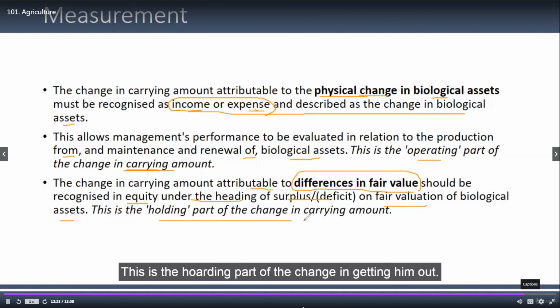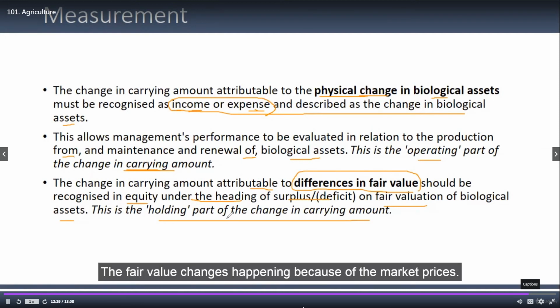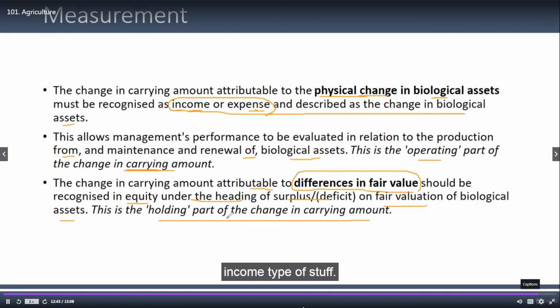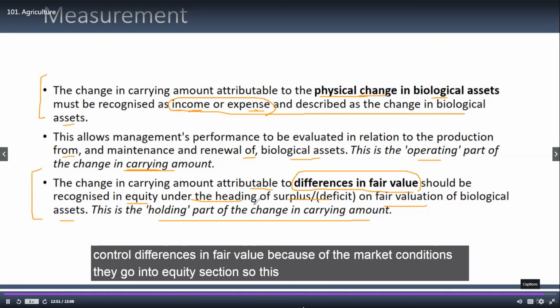This is the holding part of the change in carrying amount. So if the change in the carrying amount is happening, the fair value change is happening because of the market prices, it's not the management's contribution, that's market condition. Just like you remember the part of your income, revenue, other comprehensive income type of stuff, what is coming because of the management's effort and what is coming from the market or beyond management's control.